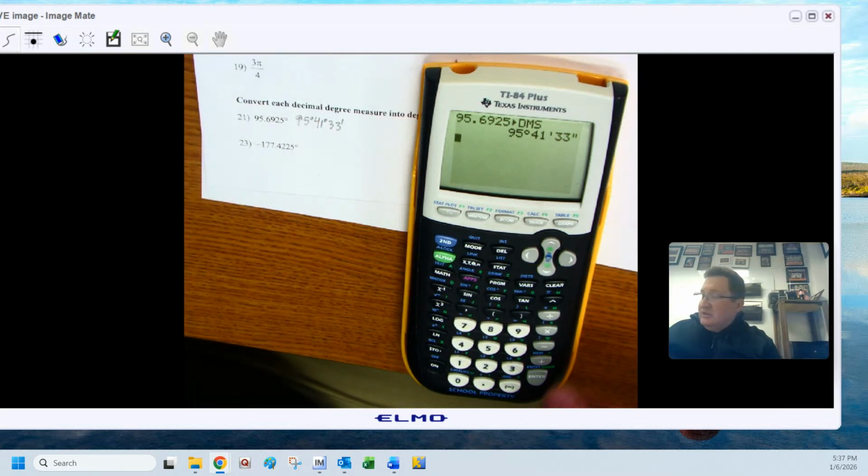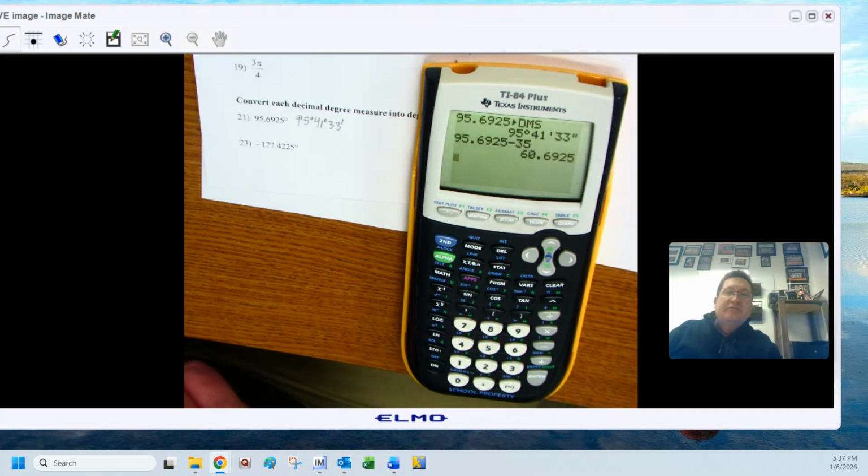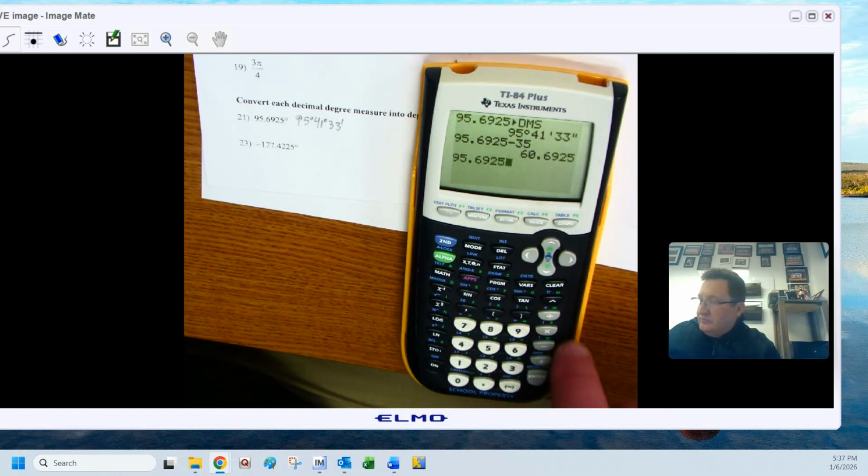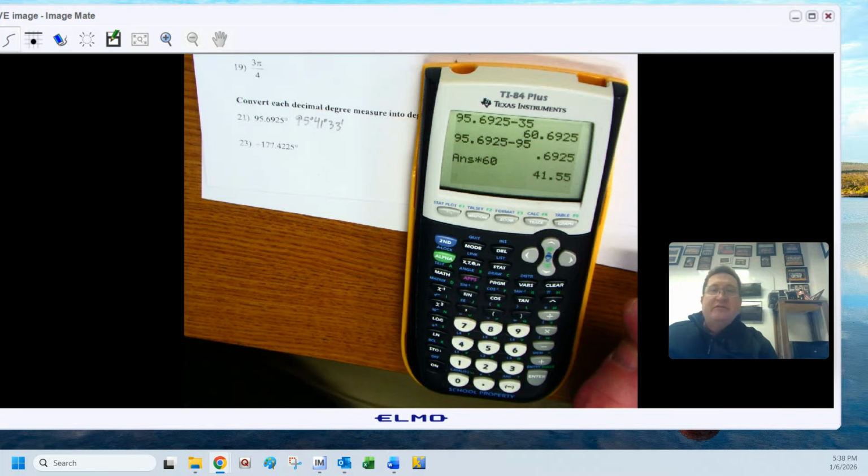Just for fun here, let's show you how you could have done that without the fancy button. So you subtract 95, because you knew it was going to be 95 degrees something. Then you say, okay, 0.6925, if you multiplied that by 60, that's 41.55 minutes.